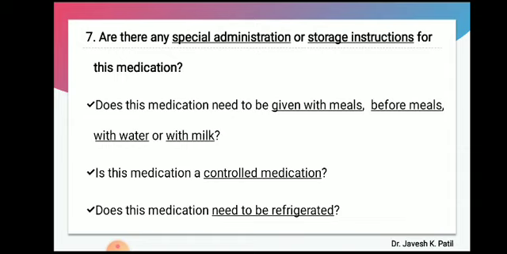So these are a few questions that should arise in the pharmacist's mind, and he should clear them himself and tell everything to the patient for proper effectiveness.